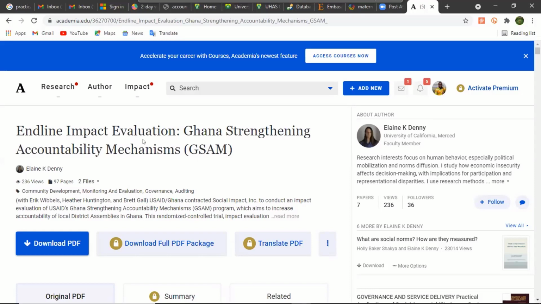I think they were engaged to design the project, and they have published out of it. Elaine K. Denny from the University of California has done a publication on this, but she touched on only one aspect, the end-line evaluation. How about the CSOs that have done all the work from the project conception, the implementation, and all of that?